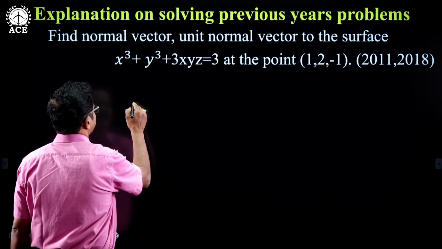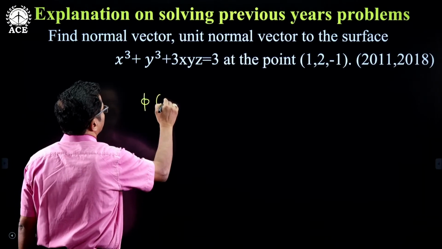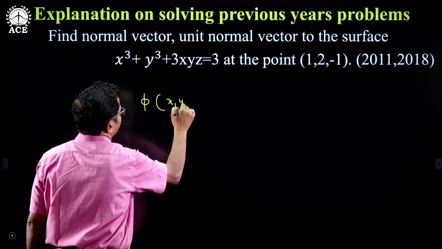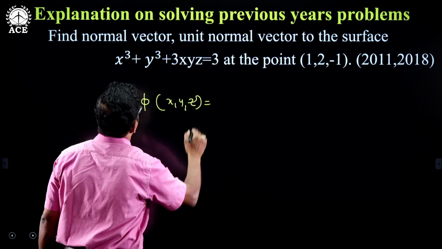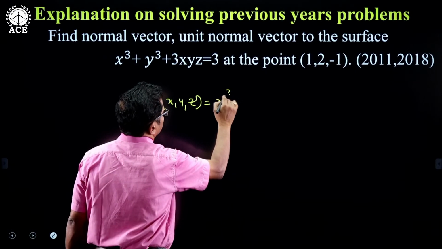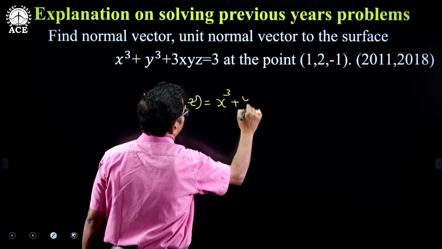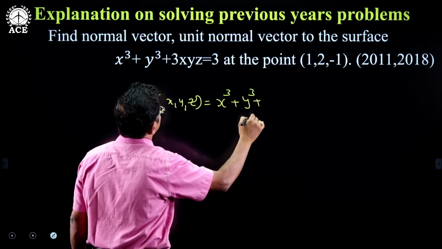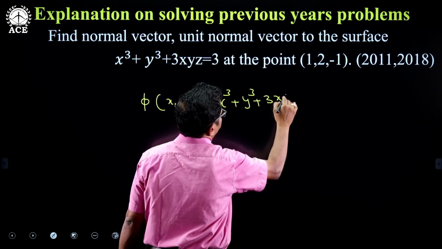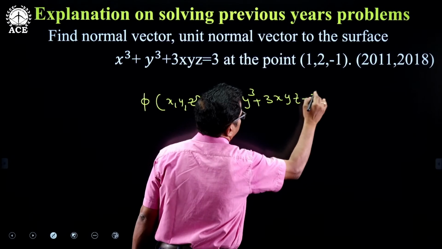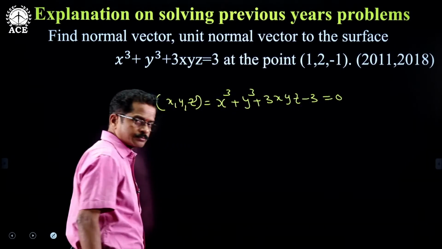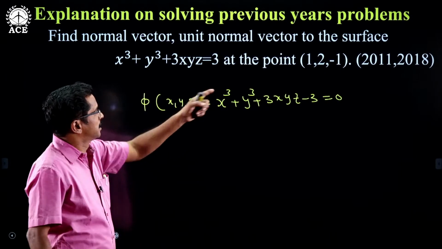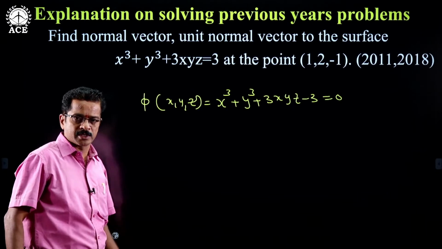So I am taking a surface function phi of x, y, z equals x cube plus y cube plus 3xyz minus 3 equals 0.